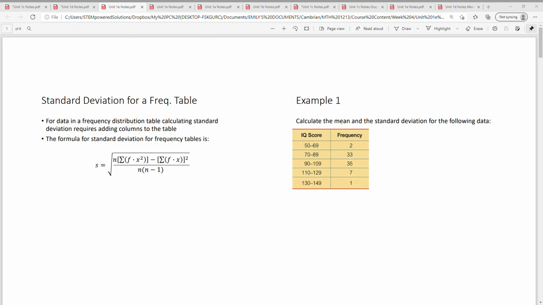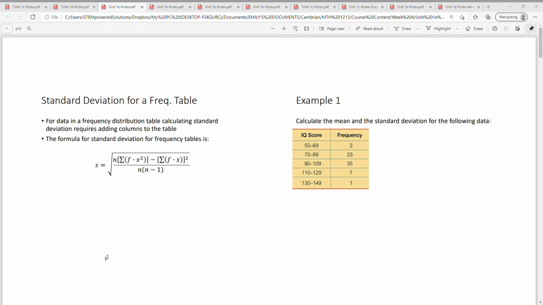I've actually already tabulated this in Excel, so I'm just going to copy and paste this over into my Word document. Basically, I took the frequency and multiplied it by x squared, and I found this product right here. So I can insert a symbol, which is my multiplication symbol. So f times x squared equals all of these products here.